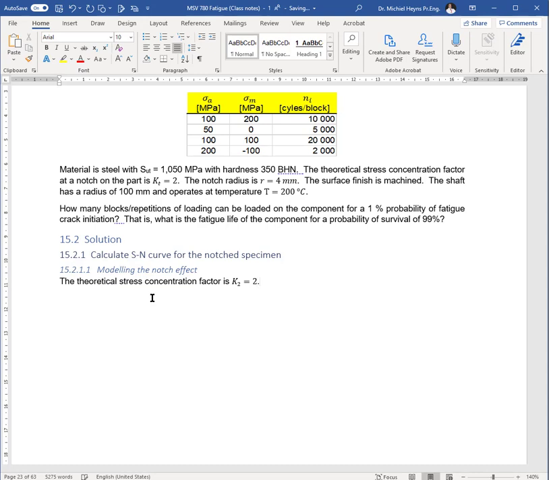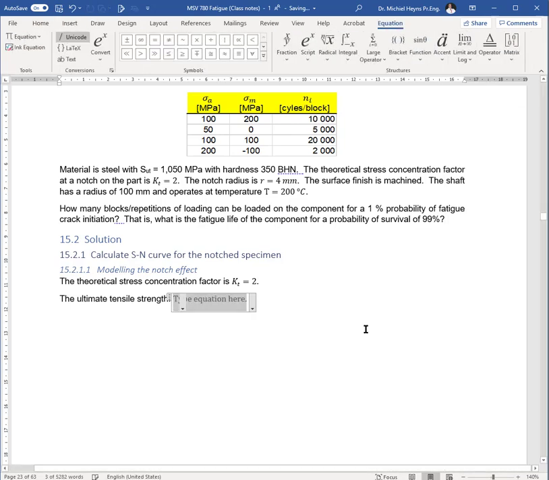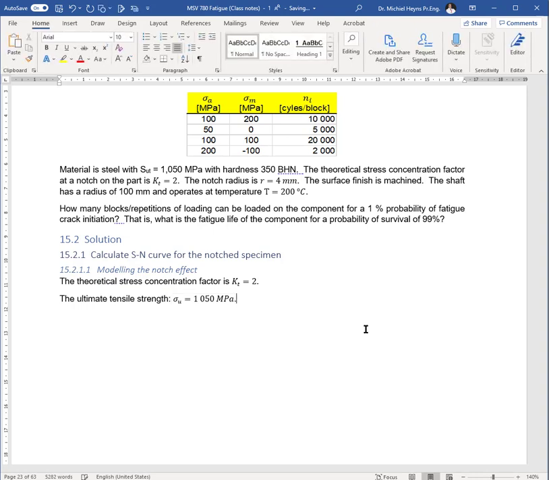That's what they've given. Stress concentration factor, Kt is equal to 2. They gave us the ultimate tensile strength. That was also given to us, right?